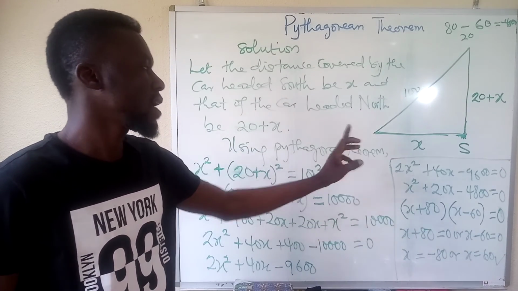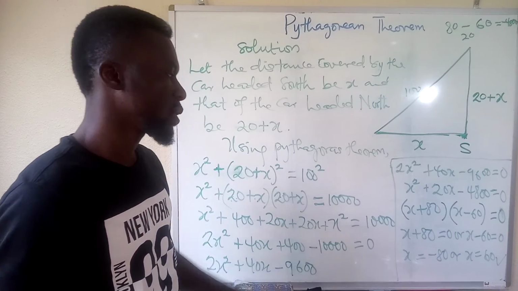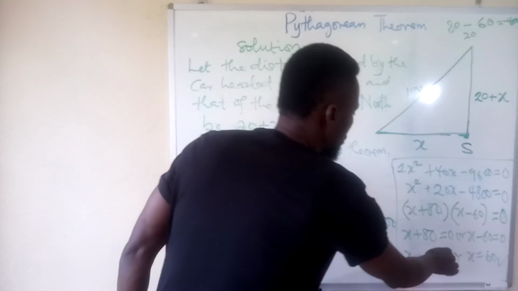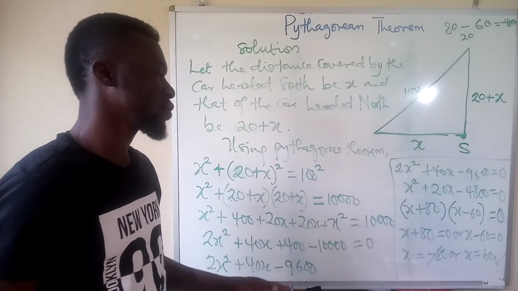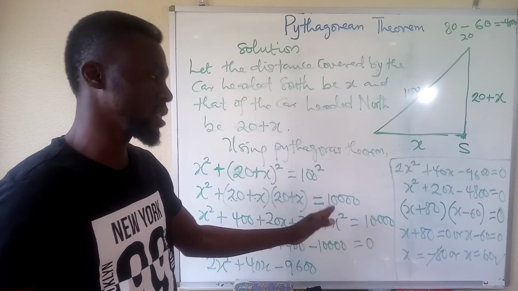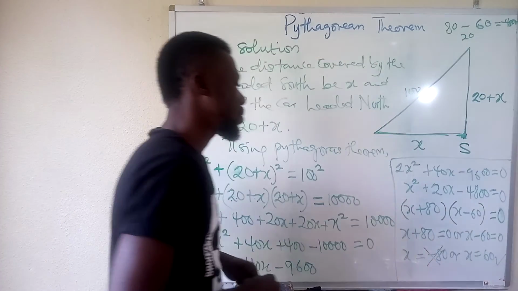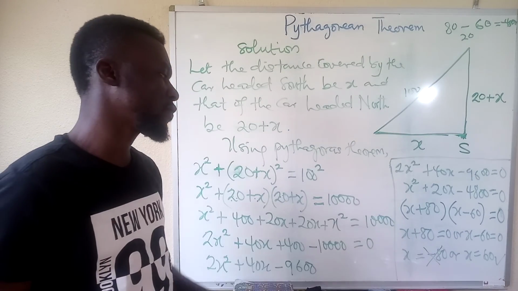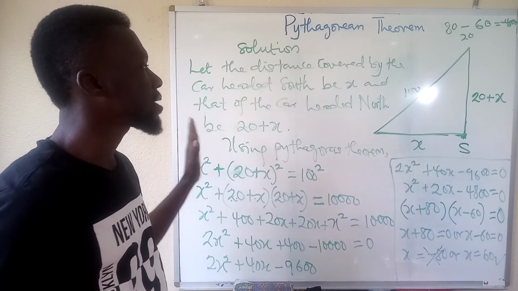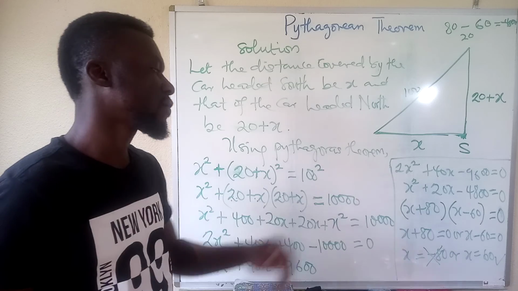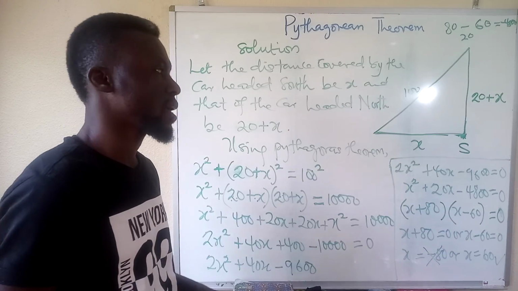Distance cannot be expressed in negative figures, so we shall discard the negative distance and take the positive distance of 60. Therefore the car headed south has traveled 60 miles, and the car headed north has traveled 20 plus 60 miles, that is 80 miles.